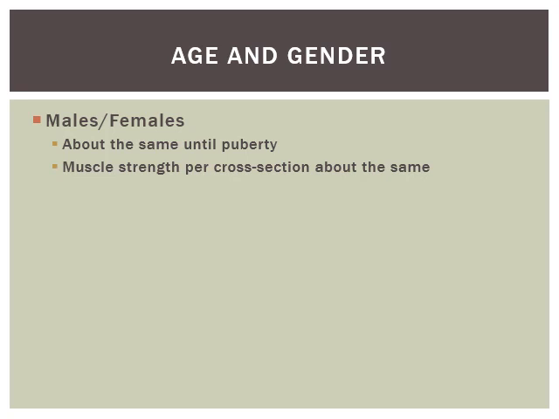Another interesting point is that the muscle strength per cross section is actually about the same in males and females. When you account for cross section size, strength is about the same. However, we obviously know that with the increase in muscle mass, the cross section of a male's muscle will be much larger than in a female, and that's the reason why. When you do account for that, though, the muscle strength per cross section is about the same.